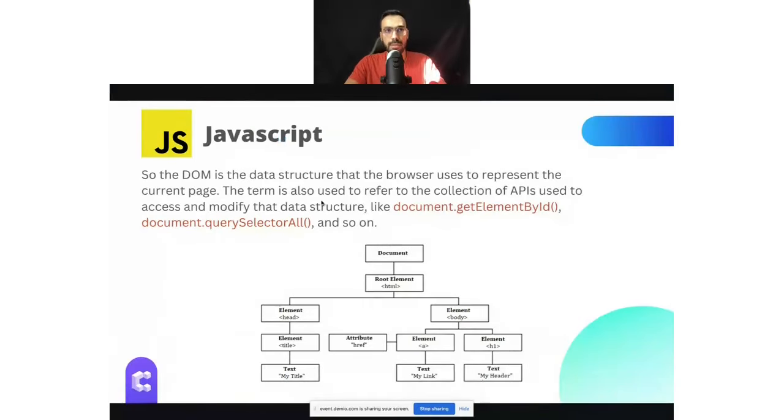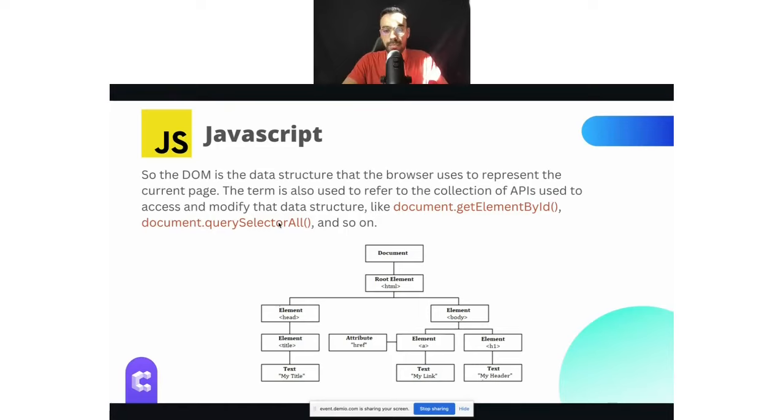Now, there are a lot of ways to select elements, but one of the popular ways is either by getting that element by its ID. Okay, so that's why we're adding IDs for the inputs, or we can use something like document.querySelectorAll. Using querySelectorAll, we can search for elements by the name of their tag.